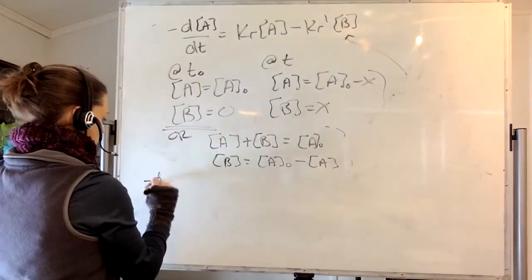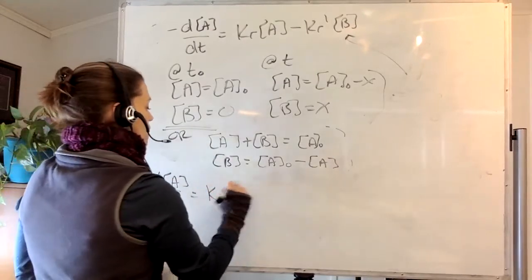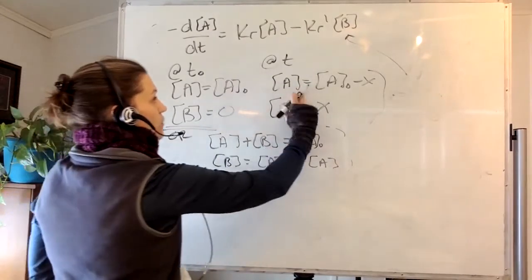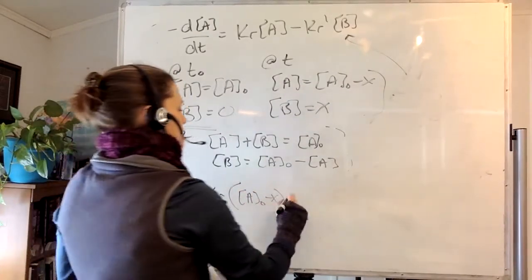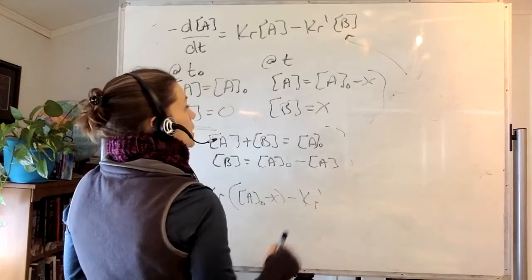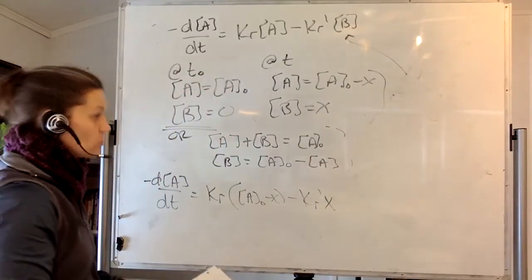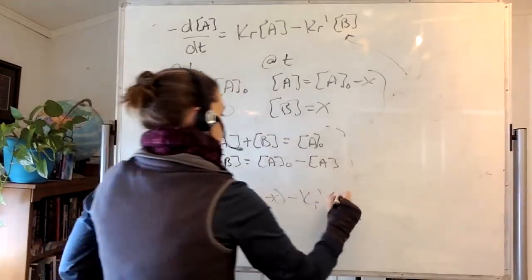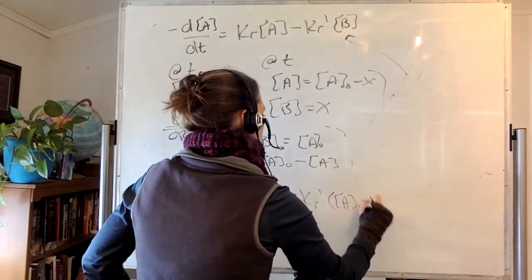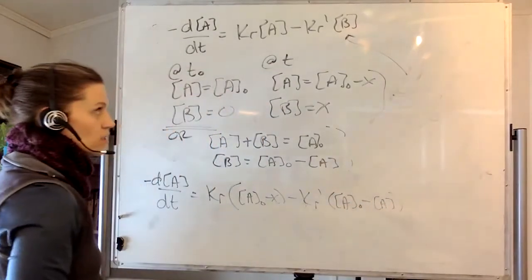So minus dA dt is equal to Kr times the concentration of A, which is here, A0 minus X, minus Kr prime times what is B? B is just X. Cool. Or I can say, instead of X, it is equal to A0 minus A. Awesome.